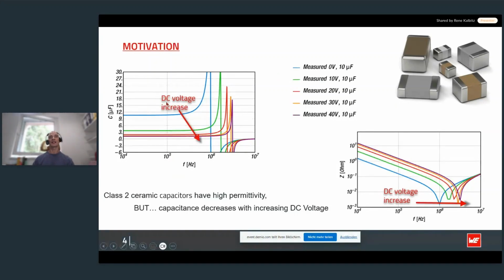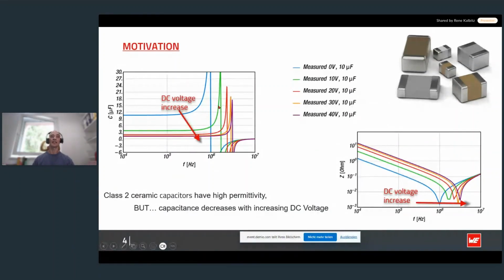in the capacitance and the impedance plot of a 10 microfarad MLCC over a range of 40 volts. As you can see, the capacitance spectrum is shifted to lower capacitance values and the impedance spectrum is shifted towards higher frequencies. In other words, the characteristic frequency indicated by the minimum in the impedance spectrum and the asymptotic peak in the capacitance spectrum is shifted to higher frequencies.